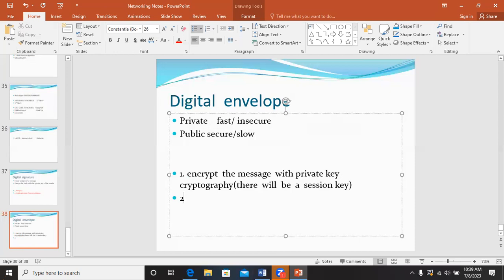Now, this time around, how that will be corrected is that we will now encrypt the session key. So now encrypt the session key using public key cryptography.